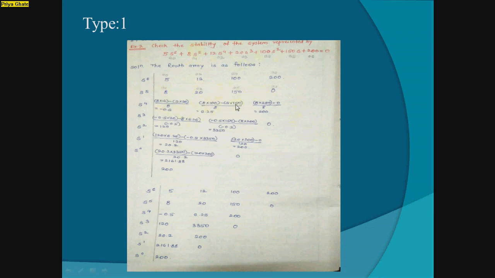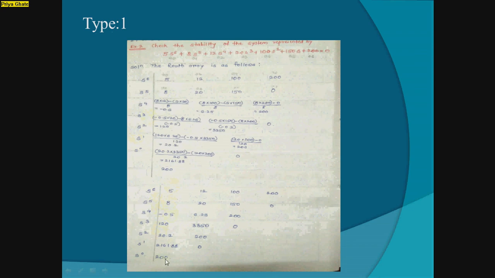Now we are going to find the values of b1, b3, b5, c1, c3, c5, d1, d3, likewise. This example is a 6th order polynomial; it means s raised to 6 is a 6th order polynomial equation. We are going to see the values in the first column for checking the stability of the system, and here the sign changes from positive to negative.